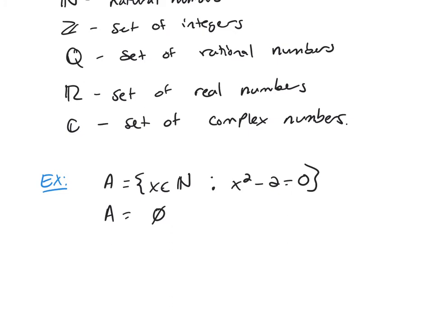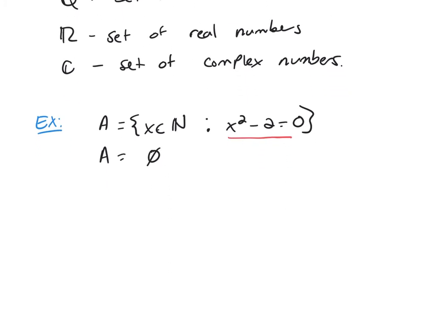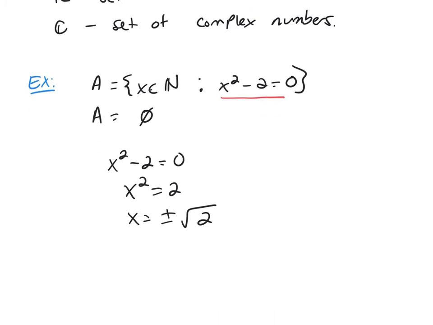To see that, we're going to look at this equation, x squared minus 2 equals 0, and solve. And so x equals plus or minus the square root of 2. So I get 2 solutions to this equation: x equals negative square root of 2 and x equals positive square root of 2.